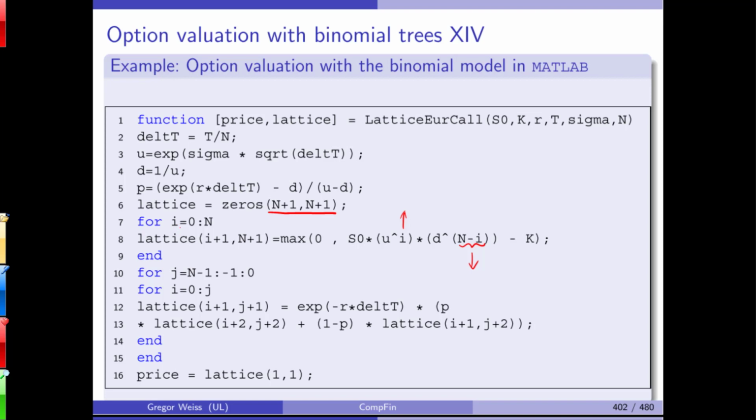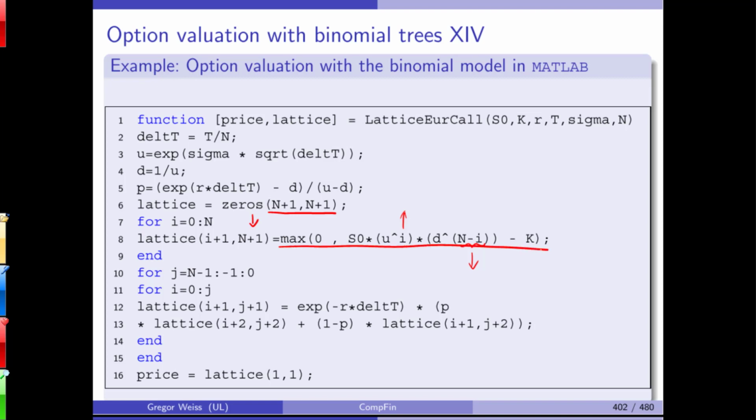We go through i starting at 0 up to capital N, and we set the lattice(i+1, n+1), so that's the n plus 1th column and the i plus 1th row, equal to the payout of the option.